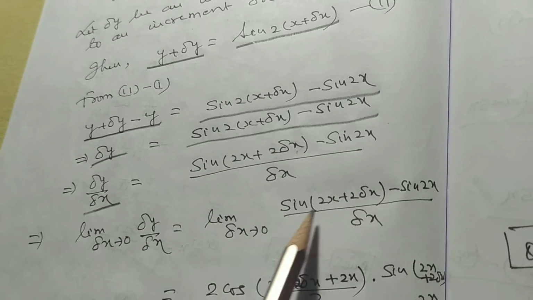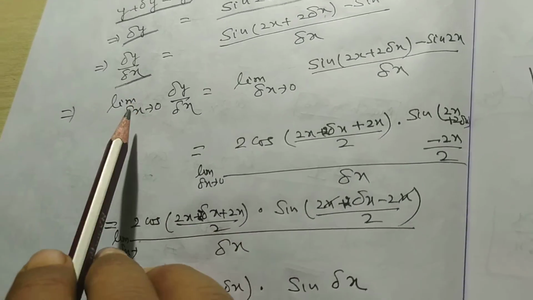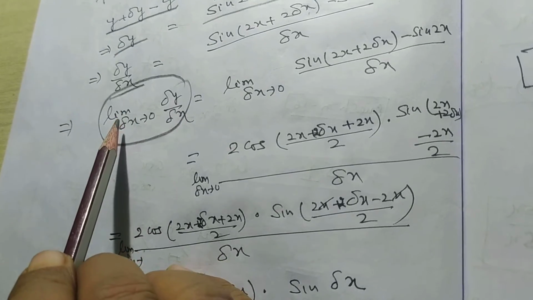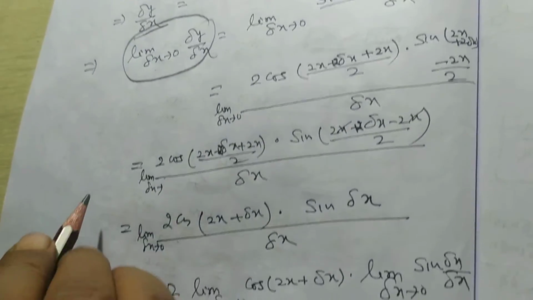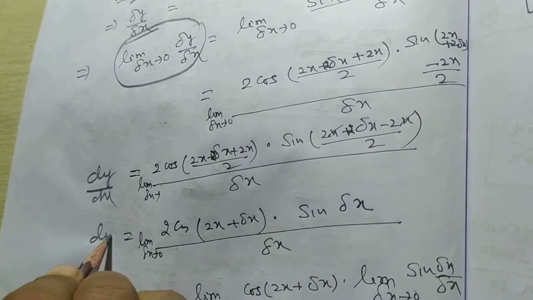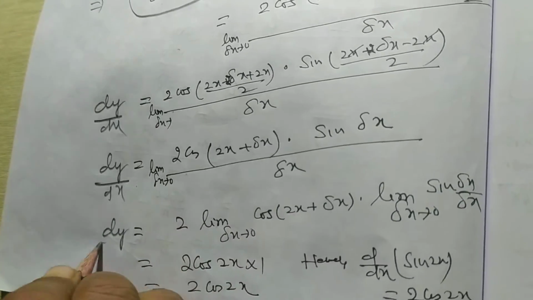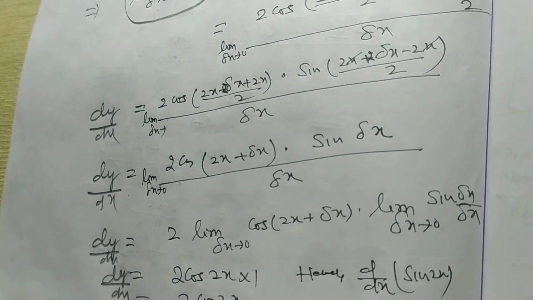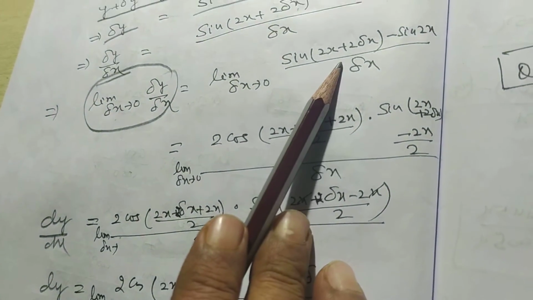So we simplify it by using the sin c minus sin d formula. And I have told you earlier that instead of limit delta x tends to 0 of delta y by delta x, we write dy by dx. So my dear student, we apply here the CD formula.